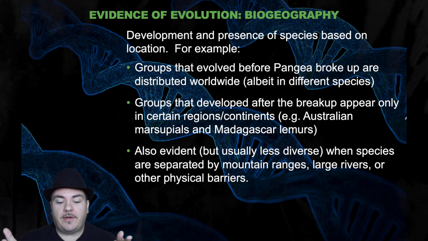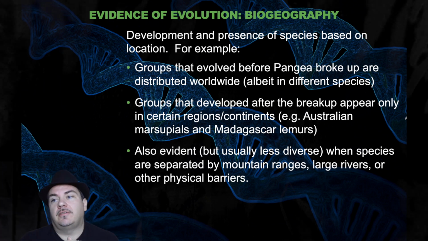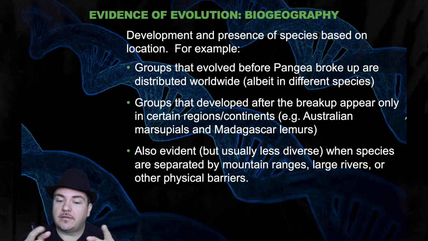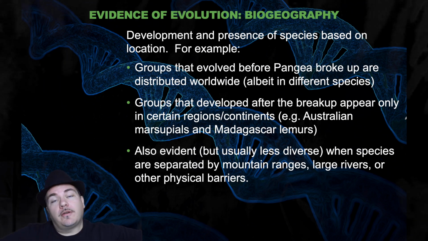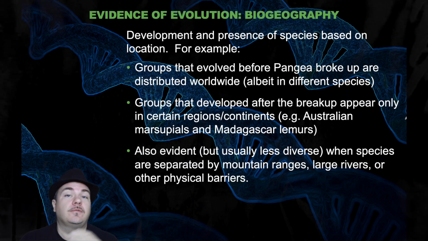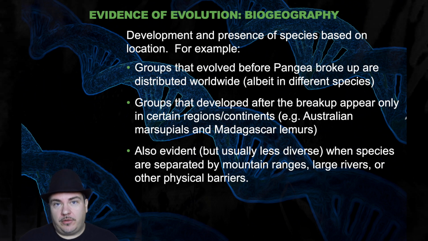Biogeography, which is the development and presence of species based upon location. Okay, the easiest way to think about this is if you think about Australia. Australia, okay, that island separated very far from most of the other continents. Australia has a large proportion of its mammals that are marsupials. Okay, like, for example, kangaroo. That's where you have that little pouch where the organism completes development in the pouch, okay, out of not living inside.